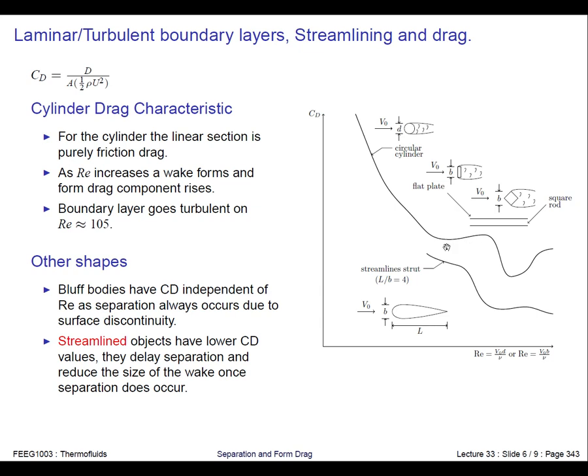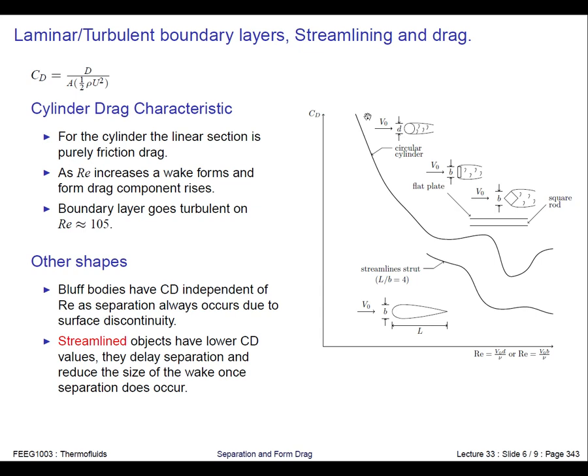The drag sort of stays roughly the same for a while, and then the boundary layer goes from a laminar to a turbulent state, and the wake gets much smaller, and you get this huge drop in drag. And then if you keep increasing the Reynolds number, the separation point for the turbulent boundary layer starts to creep back round to the side, back up to sort of the pole position, and the drag starts to rise again.